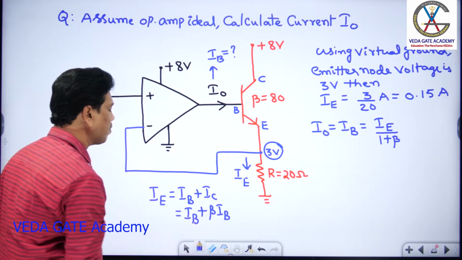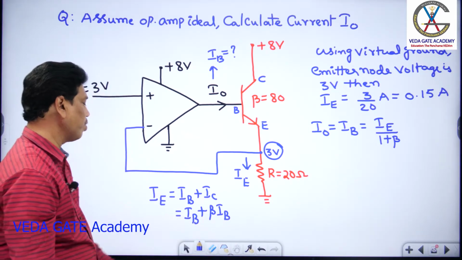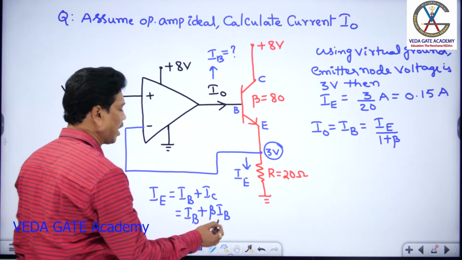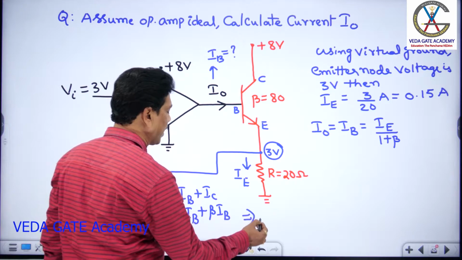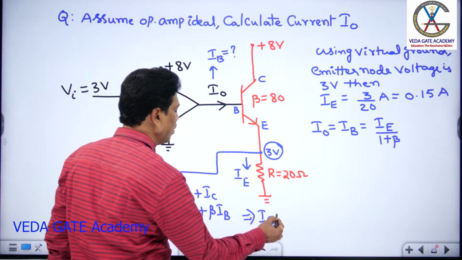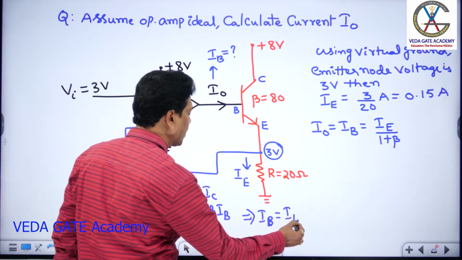Taking IB common here, you get IE equal to 1 plus beta times IB. So IB equals IE by 1 plus beta.